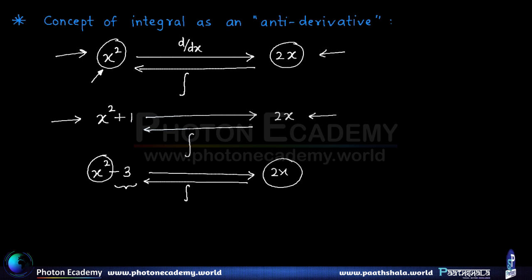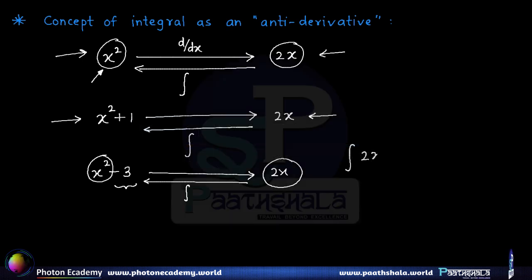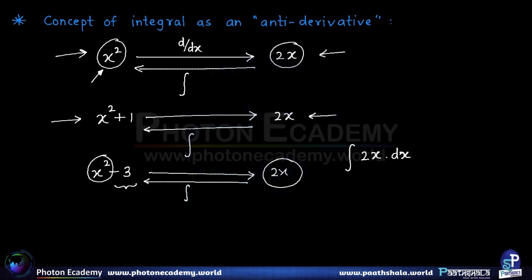Therefore we write this particular fact of integration as follows. We write it as the integral of the function 2x with respect to x. This expression dx indicates that we are integrating with respect to x. It is very similar to what we say as differentiating with respect to x.